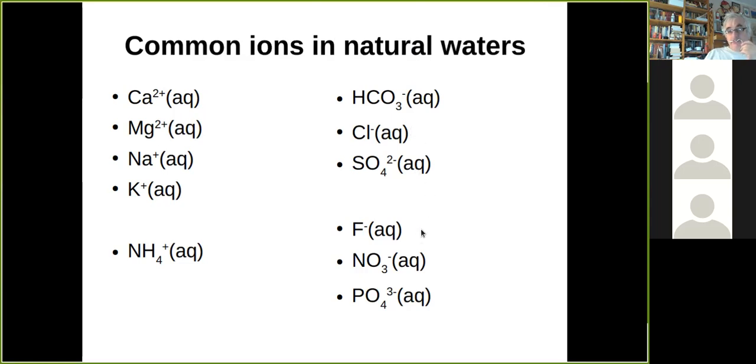Other negative ions present in minute amounts are fluoride, nitrate, and phosphates. Depending on the pH, the phosphate very often does not occur as phosphate, but all of the different protonated phosphate ions should be represented by this one.